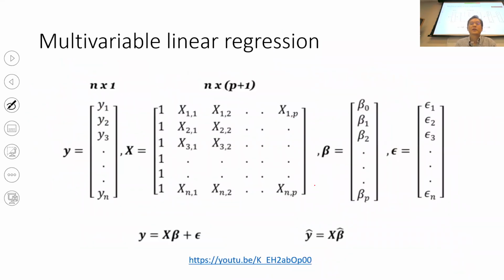Okay, now we write this into a matrix format. Matrix multiplication. So you have y, and you sampled n numbers of samples.